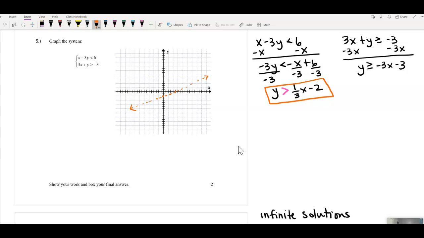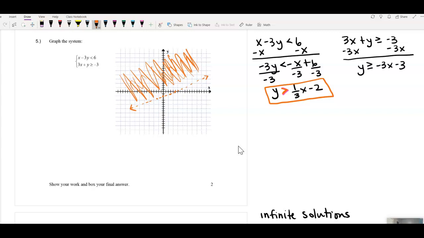Okay, and then after you draw your line, then you've got to decide which side of this is going to be shaded. Well, I have this greater than symbol, right? So that means it needs to be the stuff that's above the line. So it's all of this. And if you like choosing the test point, that's fine too. You could choose 0, 0 as your test point and put it in there.